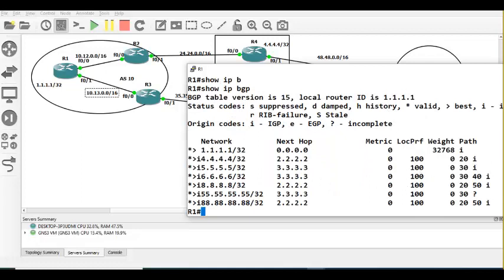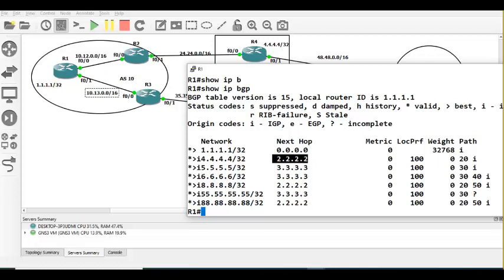You see the weightage is 0. Right now, R1 learns 44444 from router 2 only.